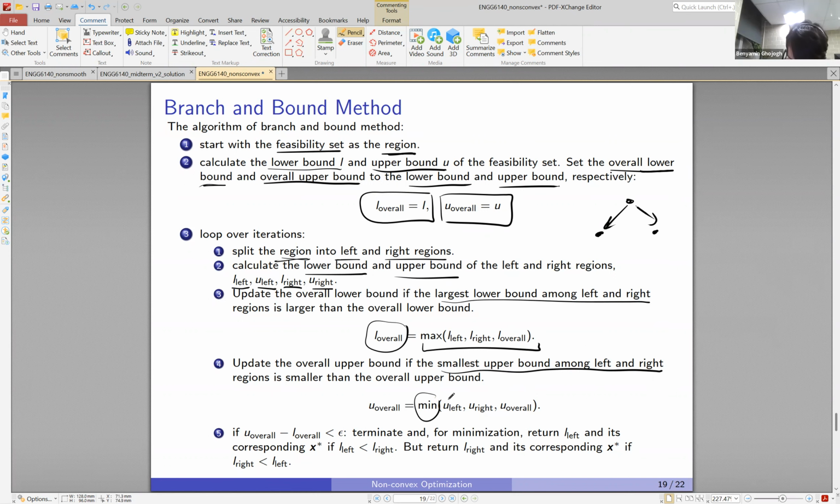So in simple words, I take the minimum of U left, U right, and U overall, and update U overall. It means that gradually the distance between L overall and U overall is decreasing. Why? Because U overall is getting smaller and smaller, and L overall is getting larger and larger.